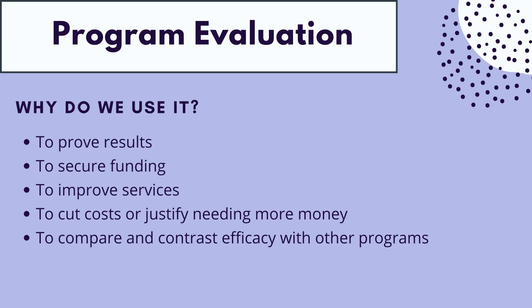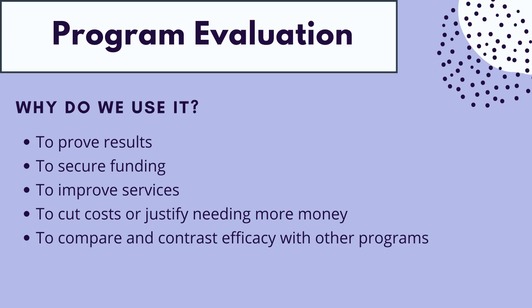And if you have solid results from your program evaluations, that might be more compelling in securing that funding for your services. To improve services, we should always be striving to improve our services, to make them the most efficient that they can be, to make them the most effective. So we use program evaluation to guide that process.